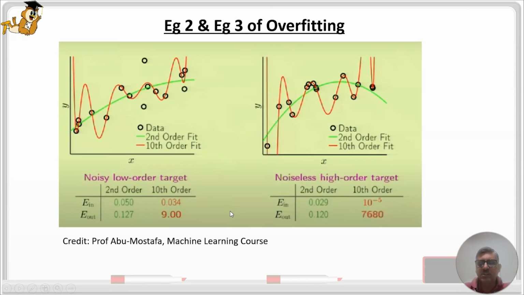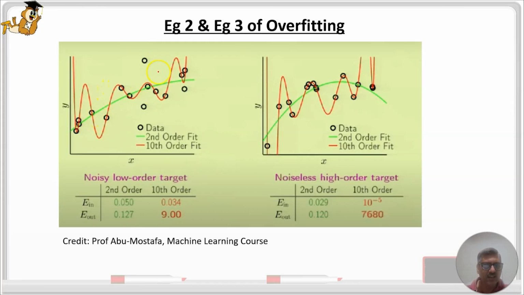Again, these examples are from the same course by Professor Abu Mustafa. And let's see what these examples are. The first graph is a noisy low order target. These black circles were generated using a low order polynomial, but there was noise in it.